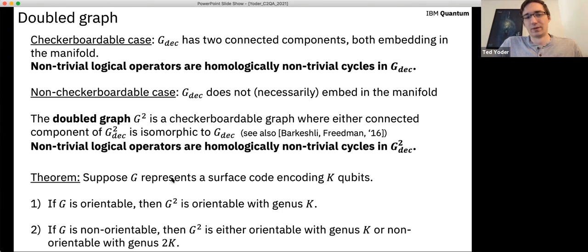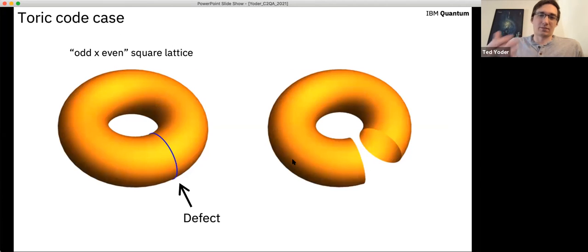Right, so if G represents a surface code encoding K qubits, and G is orientable, then G squared is orientable with genus K. If G is non-orientable, then G squared is either orientable with genus K or non-orientable with genus 2K. So the genus may increase. Now here's some very simple example of the doubled graph.